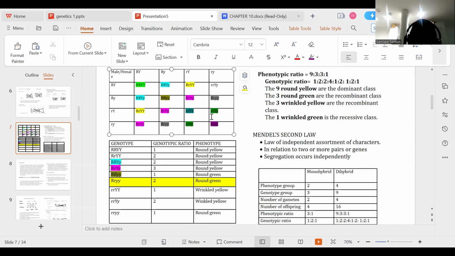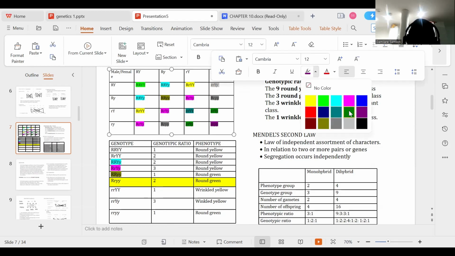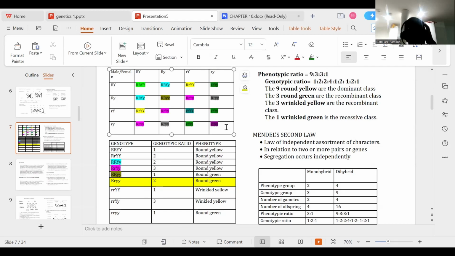So it looks like this green. 2 small, 1 capital, and there's 3. Wow. 2, 3. Green. I just hope we've been able to rectify this mistake.